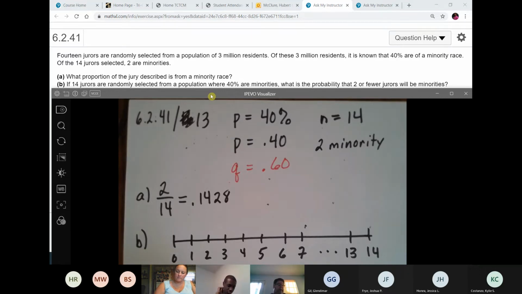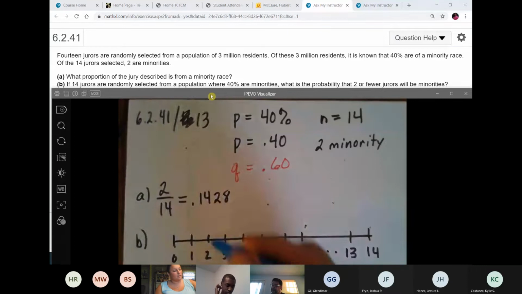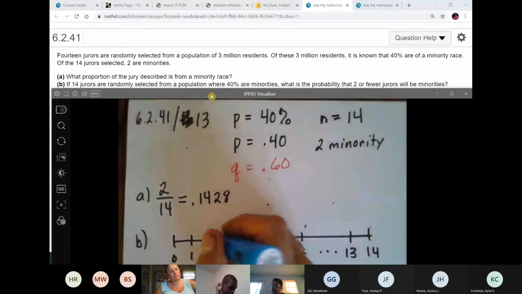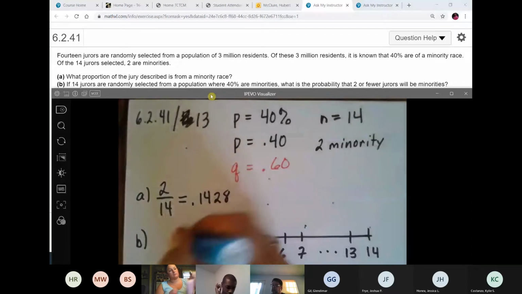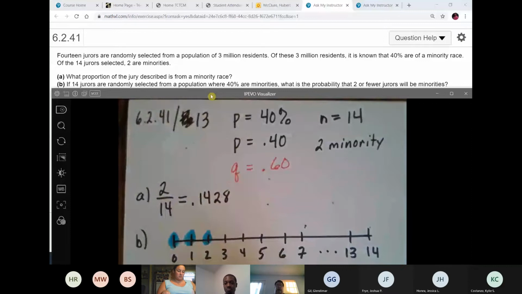So I'm going to take my highlighter and highlight 2 or less, and put that in blue right above it.